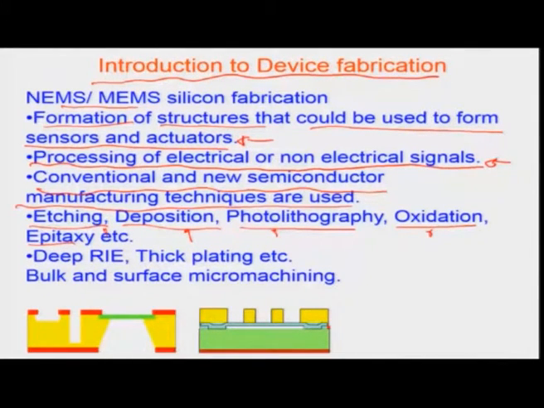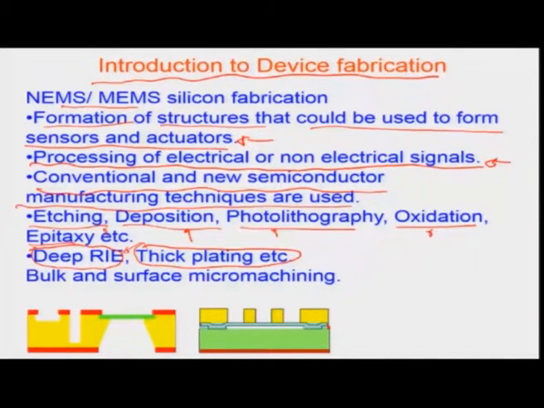And then there are some which are actually MEMS specific techniques. For example, deep reactive ion etching can be a MEMS specific technique which is used for developing high aspect ratio structures on a silicon surface, or thick plating, which is again electroplating of metals particularly, which can be several microns in thickness, and it can be used for the purpose of fabricating MEMS structures.